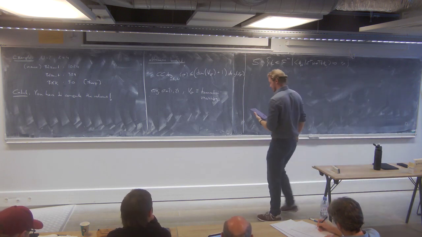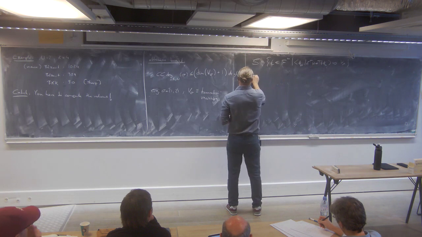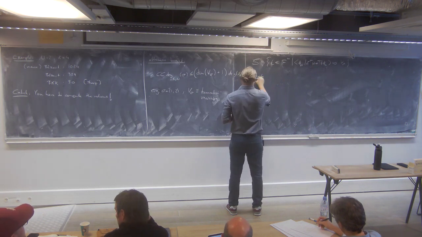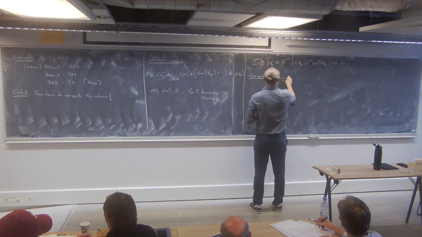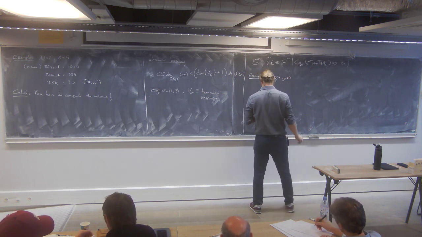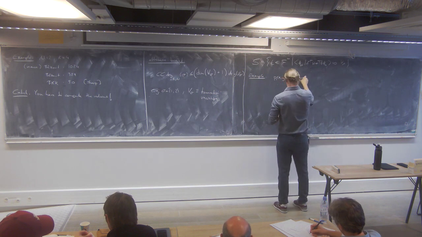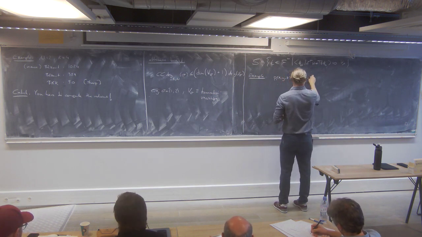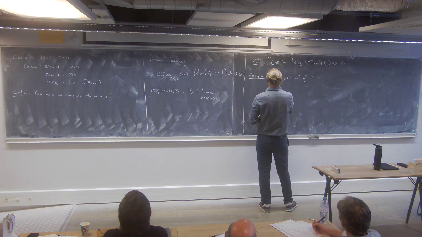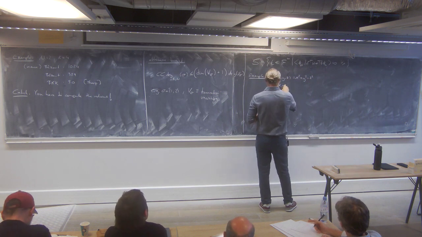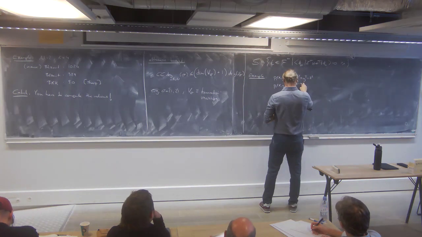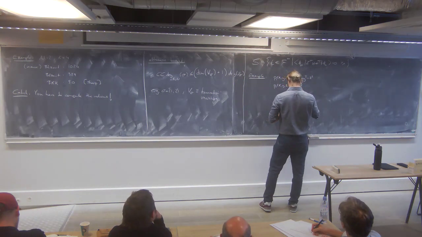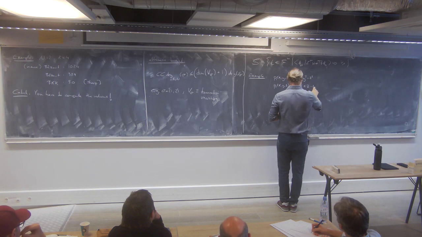Let's make a little fancier example. Let's look at polynomials in x, y, z. P1 is x squared plus y squared minus z squared, and P2 is (x minus y) over square root of 2 plus z minus 1.